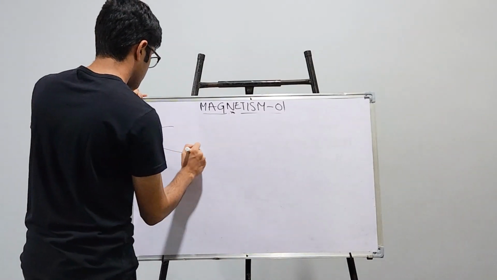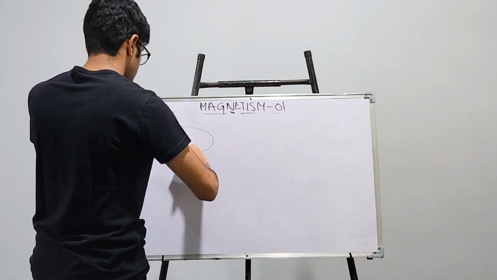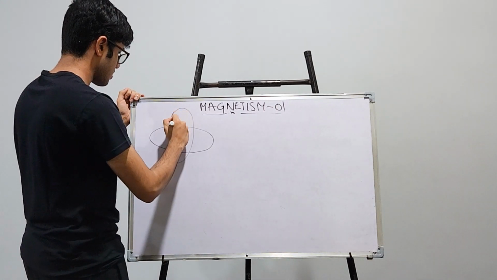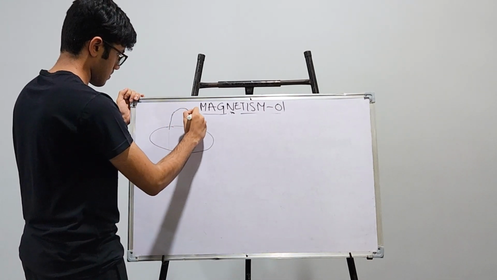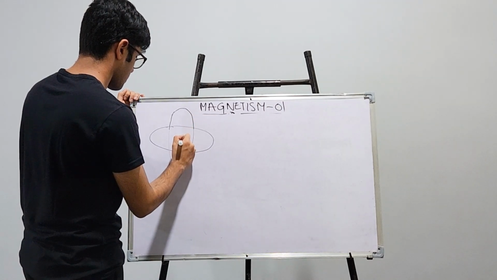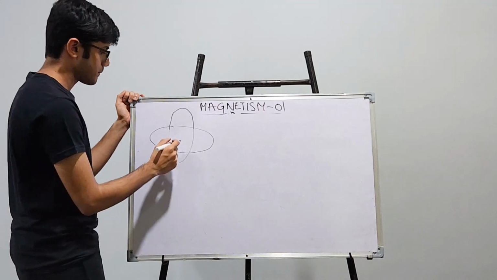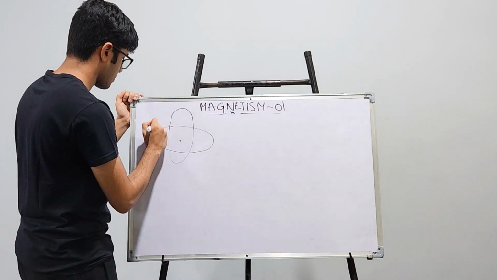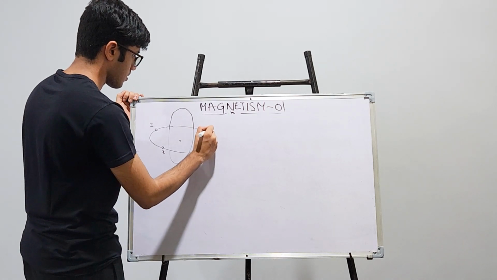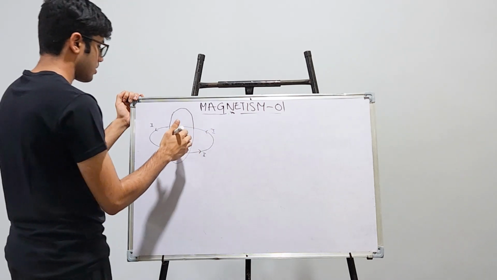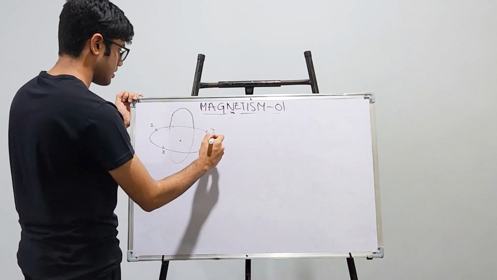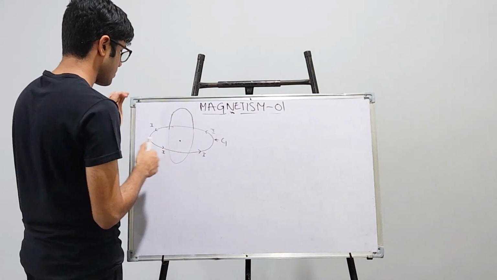Let's say this is a circular coil here, and this is another circular coil here. These are two circular coils. Now, due to this circular coil, let's call this coil C1.